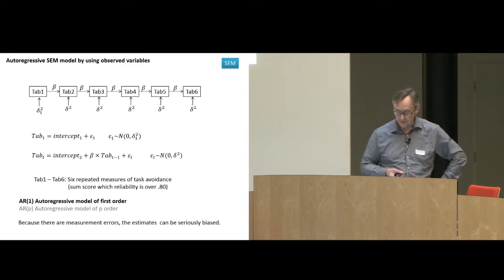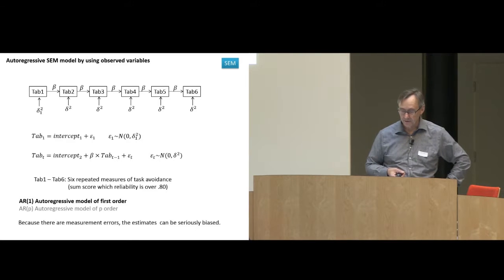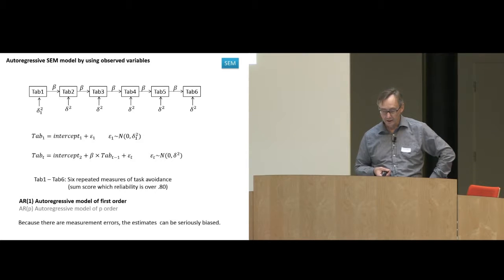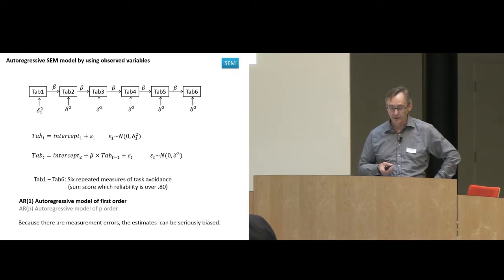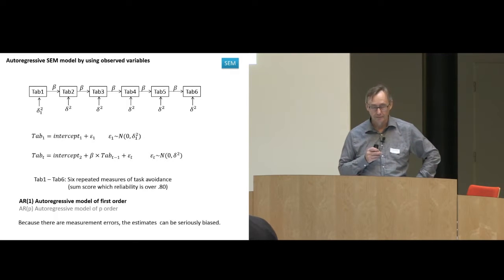I use this example using data which Nurmi and Aunola collected, and this TAP means task avoidance measure. It's a sum score, and with errors, I have reliability only 0.80. The estimate can be seriously biased when using this kind of model.